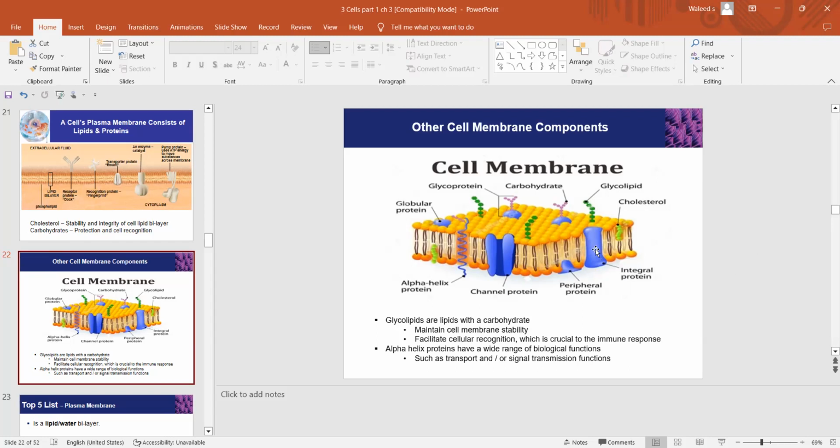Look at the blue alone. This is protein, all right? The purple alone is carbohydrate. This example here is giving you both of them. So the purple is glyco, which is carbohydrate. The blue is protein, together glycoprotein. Thank you. You're welcome.